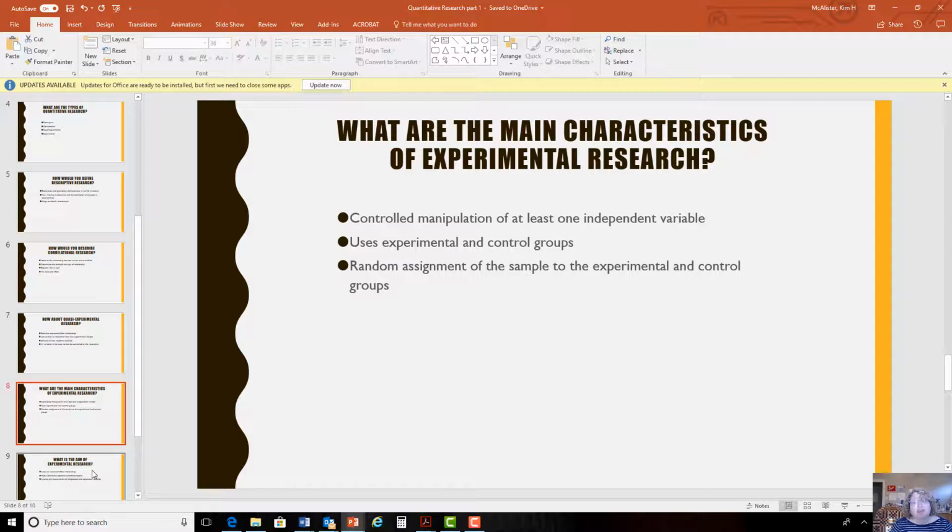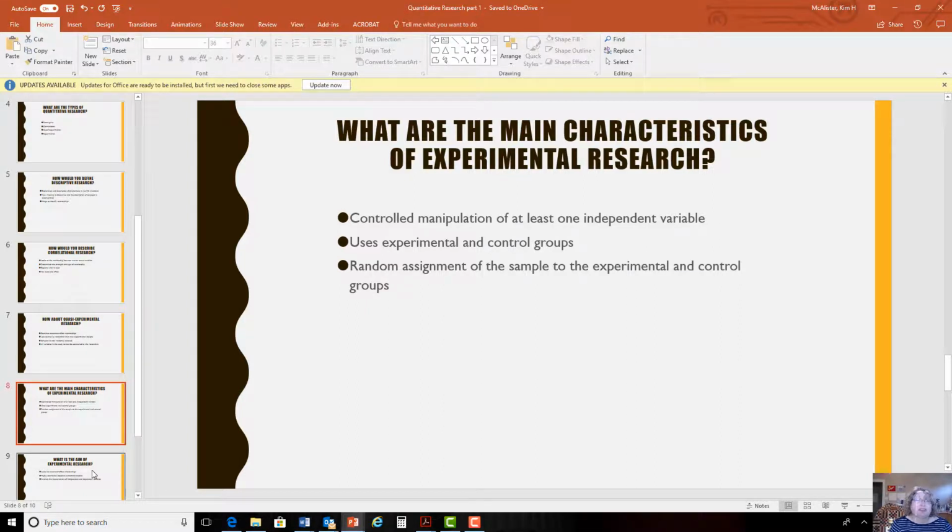So with an experimental research, you have random assignment to the groups, and you use an experimental group and a control group, and then your sample that was selected to participate in the study is randomly assigned.